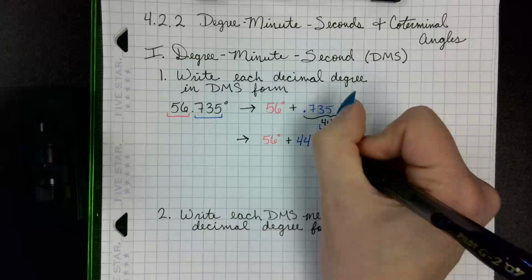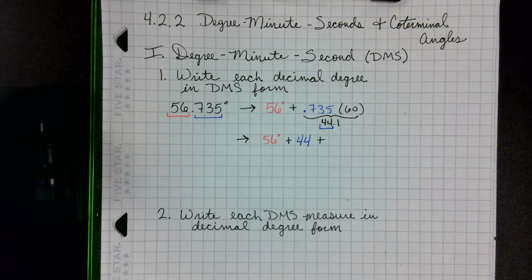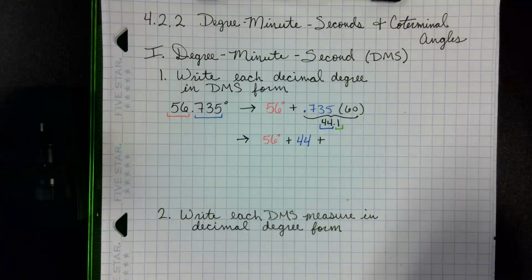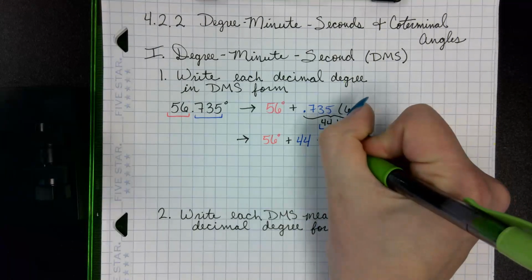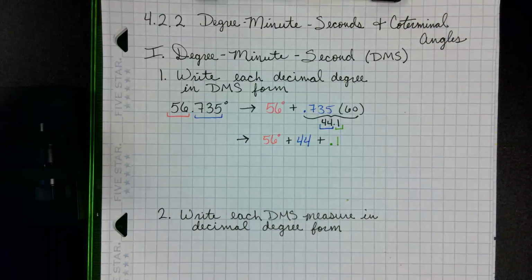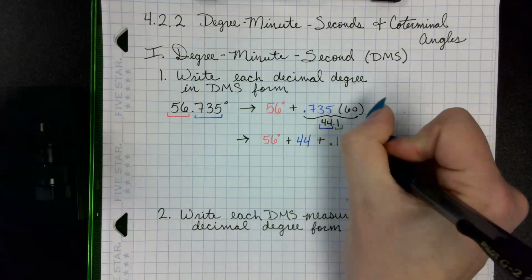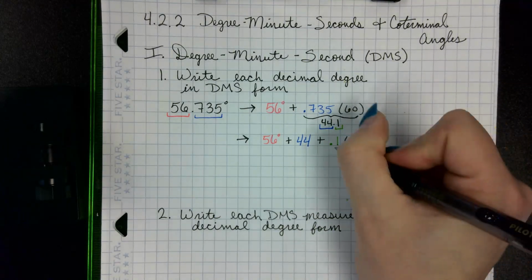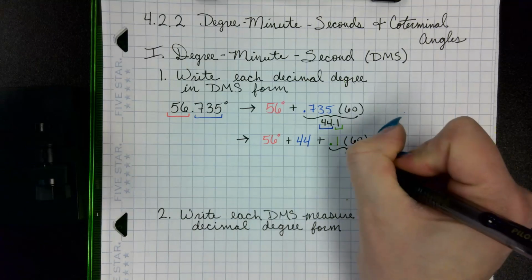And then I'm going to take the decimal part, the 0.1, and I'm going to multiply that by 60 again. If I multiply that by 60, that's just 6.